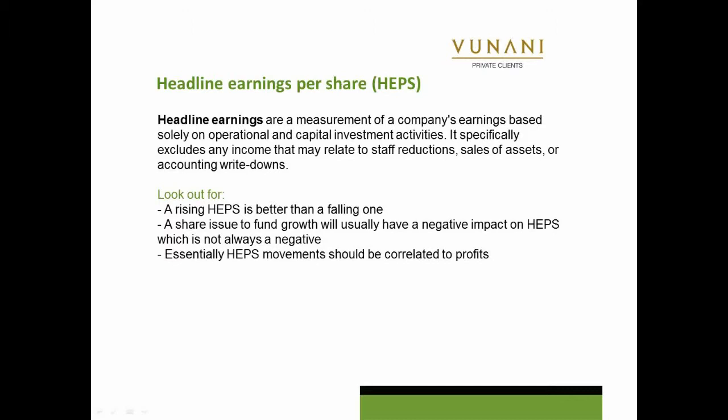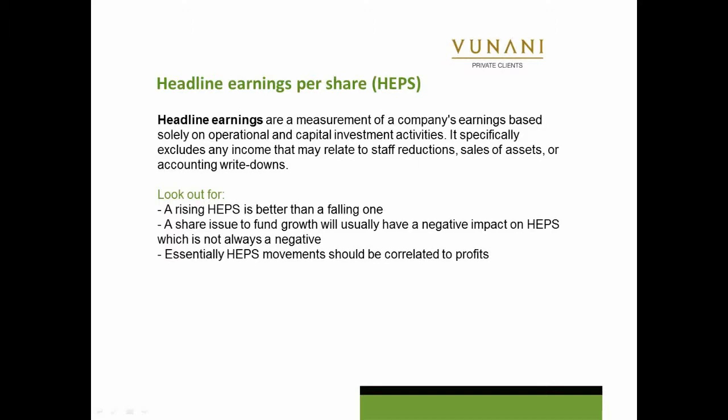Also, an asset disposal forms part of those non-operational gains where you will not be able to repeat that performance. So what you really need to look out for is that a rising headline earnings per share is better than a falling one. Another thing that affects the headline earnings number is if a company issues shares in order to fund a new investment.